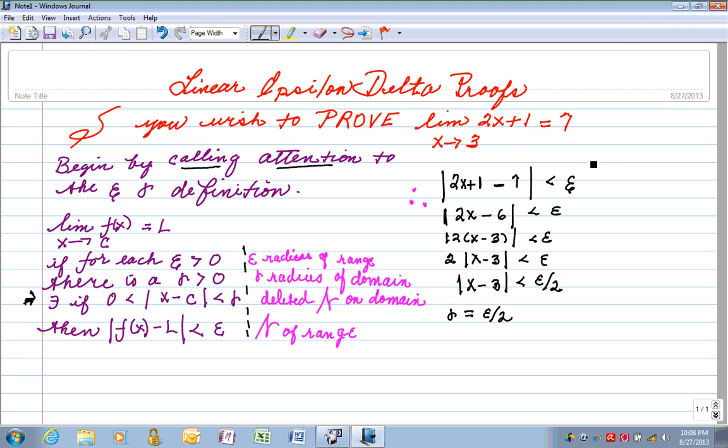So, I am going to say, like I am brilliant and I just thought of this, let delta equal epsilon over 2. Like this is just something that came out of my hat, and I am letting delta equal epsilon over 2.